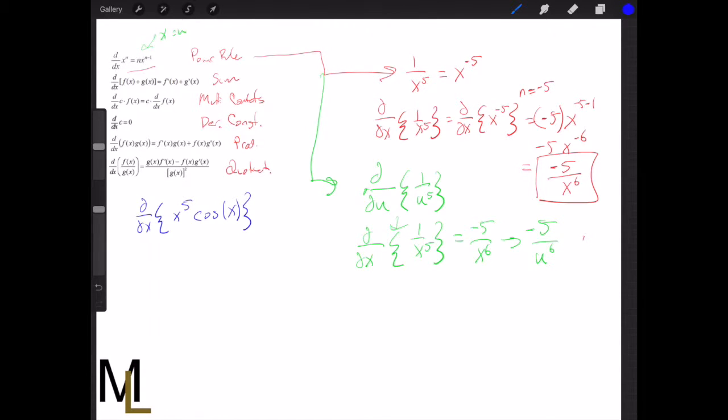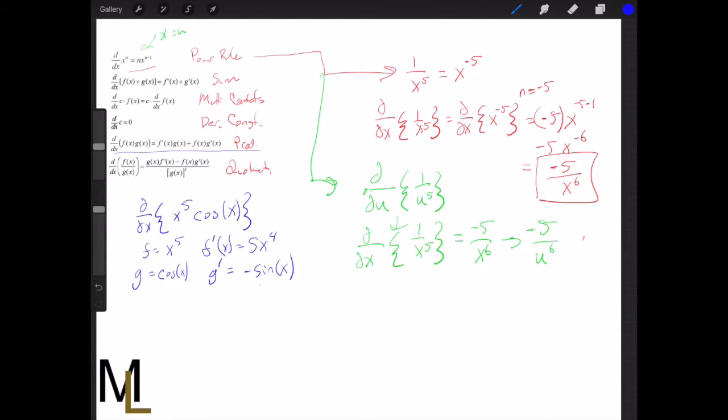And if you were to get this, you follow the same thing where you say f equals x to the 5th, f prime equals 5x to the 4th, g equals cosine of x, and g prime equals minus sine of x, right? And so this just comes from the trig rule video that we went over with the different rules.